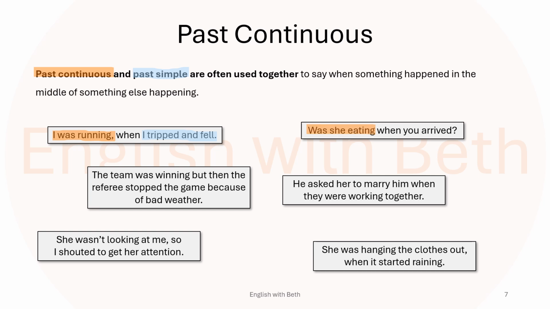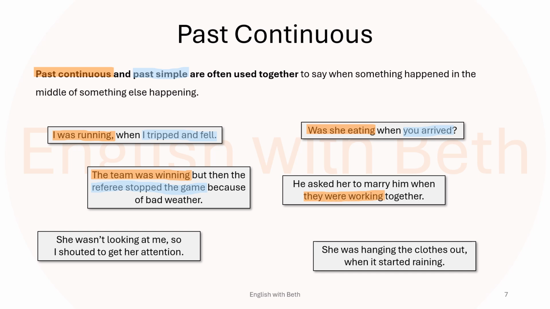Was she eating when you arrived? Was she eating, past continuous, and then past simple, you arrived. The team was winning, past continuous, and then while they were winning, the referee stopped the game.